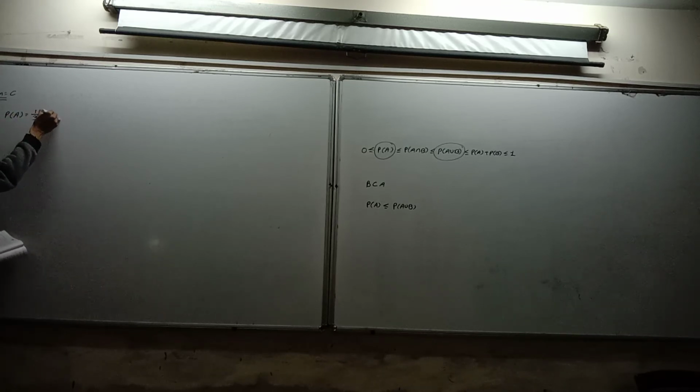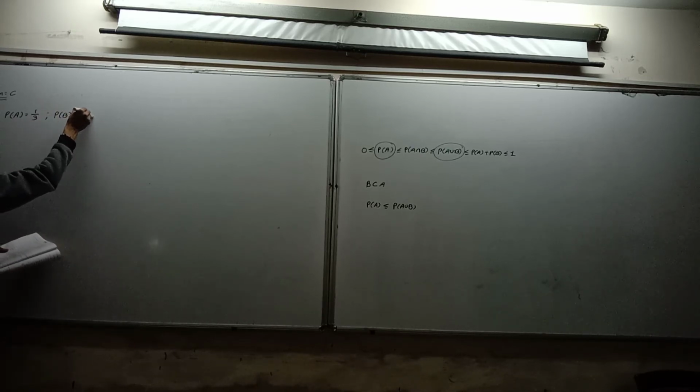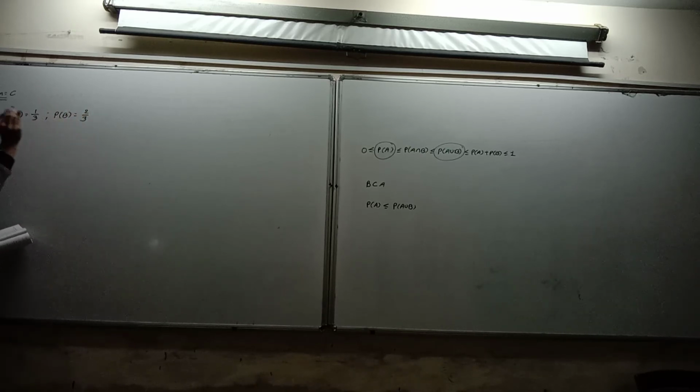P of B is 2/3, and P of A intersection B is 1/6.